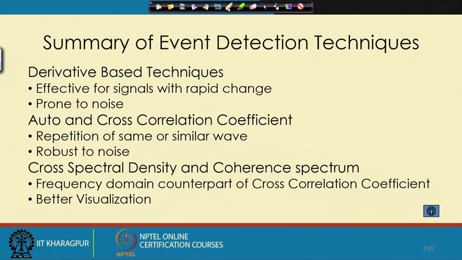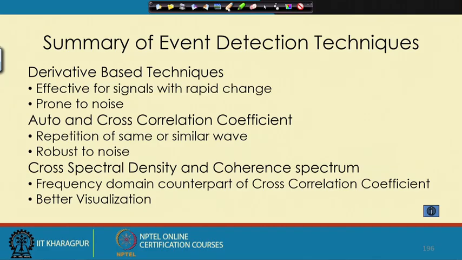If we take the cross correlation function or autocorrelation function into the frequency domain, we get the cross spectral density or power spectrum. So, this is one way of looking into the same thing that is present in the signal, and when we look at the examples, we find that cross spectral density or PSD is better for visualization.